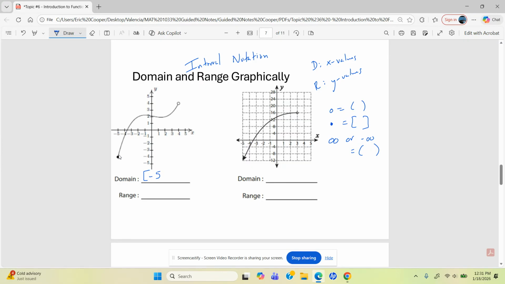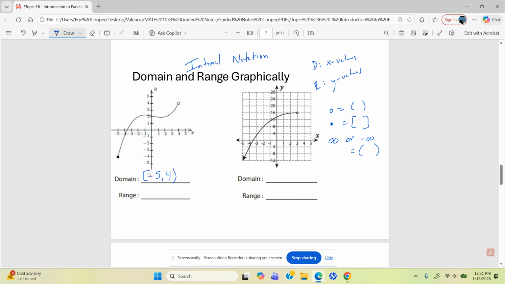Now all these values exist, and we're going to go to the biggest value that it can be, which is this point. This point corresponds with 4 on the x-axis. So we'll go -5 to 4. However, this has an open dot, meaning it can't equal 4. So we're going to put a parenthesis at 4. So this domain says I can pick any number between -5 and 4, and an x value will exist. I can pick -5, but I cannot pick 4.